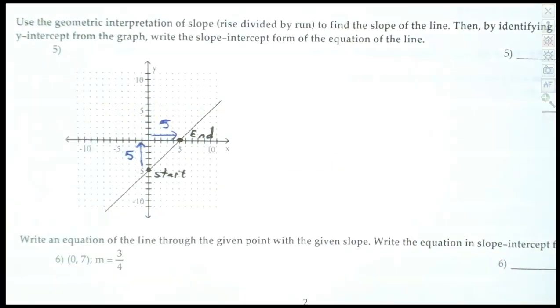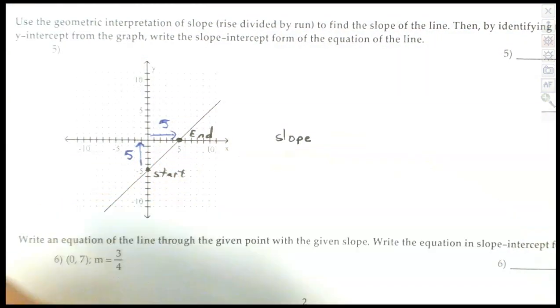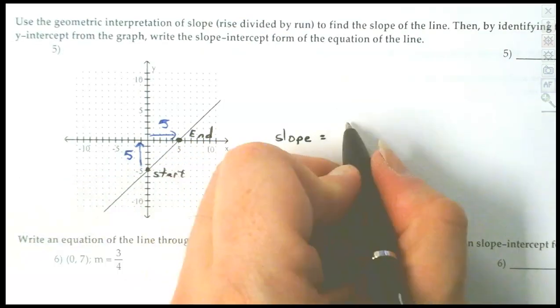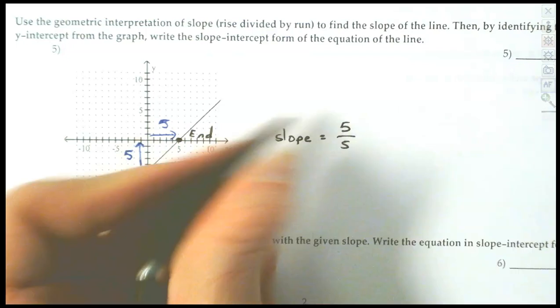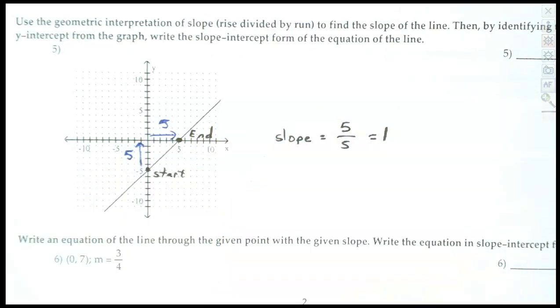So if you start at one point to get to the other one, you're going to have to go up 5 and over 5. So that means your slope, which of course is rise over run, up 5 and over 5, reduces down to 1. So my slope there is 1.